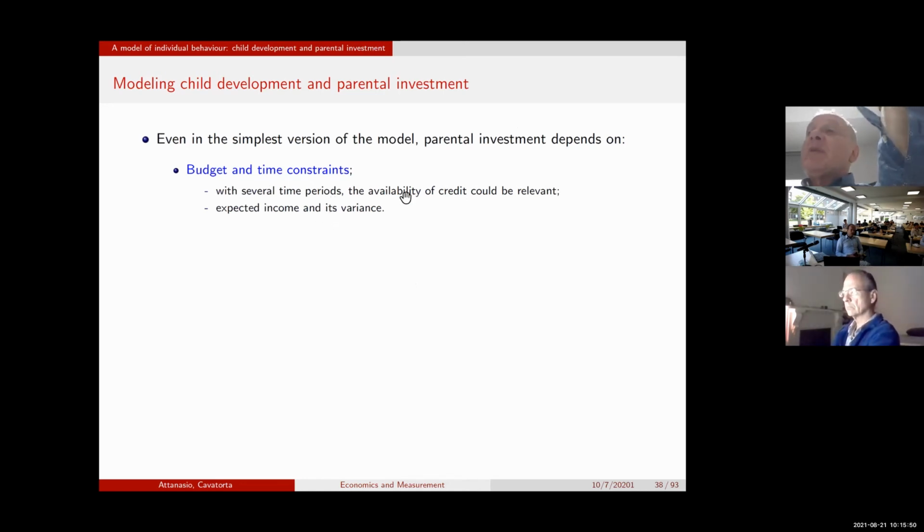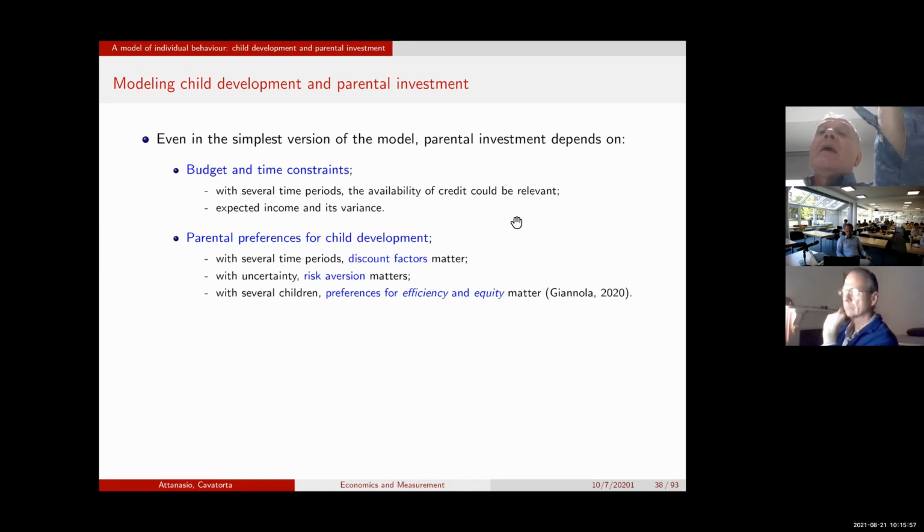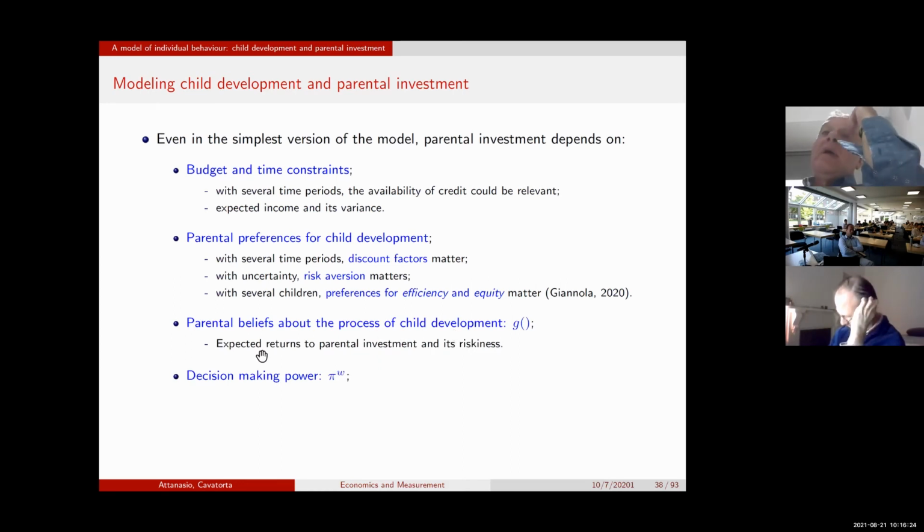When you have several periods, it might depend on credit constraints, and then on risk and the like. It depends on parental preference for child development. Again, with several periods you'll have to have discount factors. You might certainly want to introduce risk aversion. With several children, you might have preferences for efficiency and equity. Michele Giannola's paper last year does that in a very nice way.